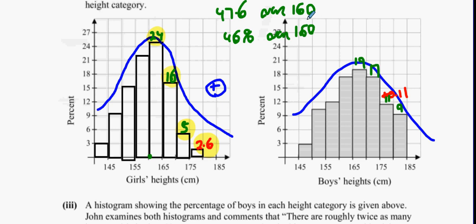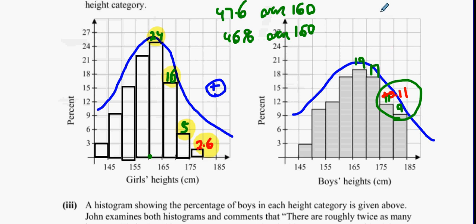So here's the issue, and this is a bit of a worded answer. Using approximate values, we can see that the amount of girls and boys over 160 is roughly the same. However, there's many more boys at the higher rates. There's many more boys above 175.